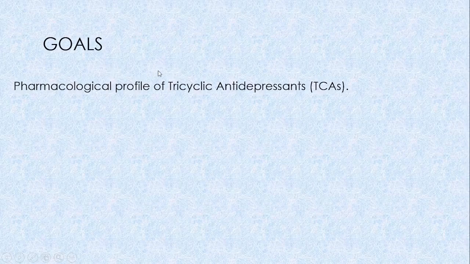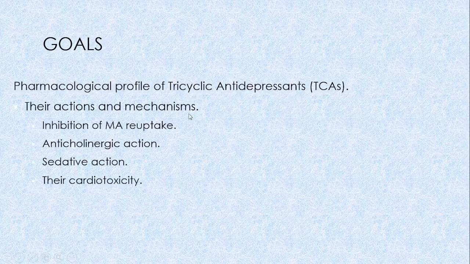In today's presentation, inshallah, we are going to discuss the pharmacological profile of the famous tricyclic antidepressants, and this will include their mechanism of action by inhibiting the monoamine reuptake, as we will discuss in detail, their anticholinergic action, their sedative action, and their cardiotoxicity.